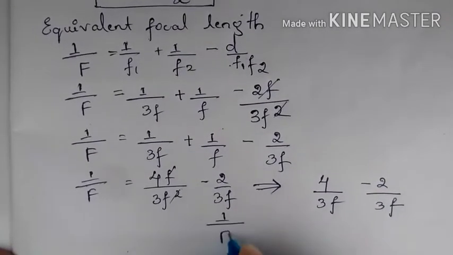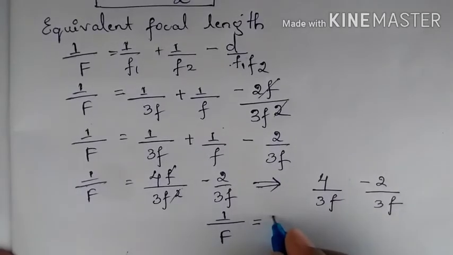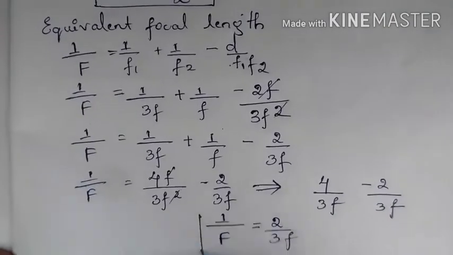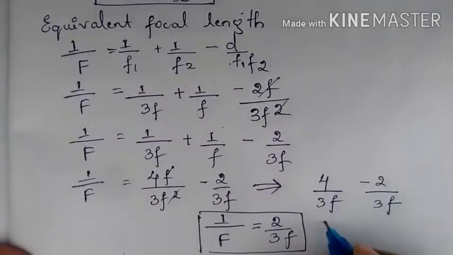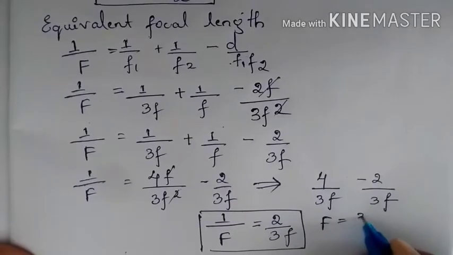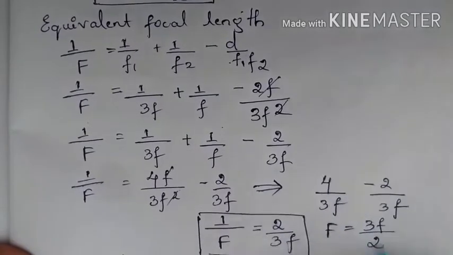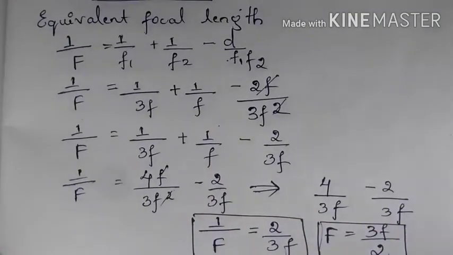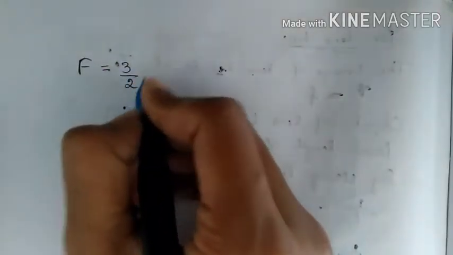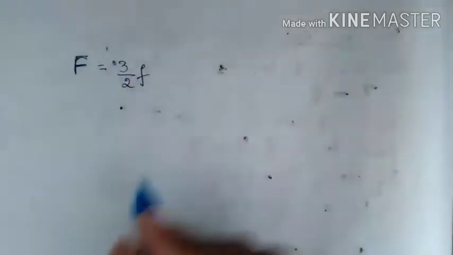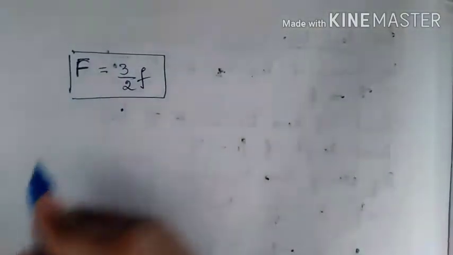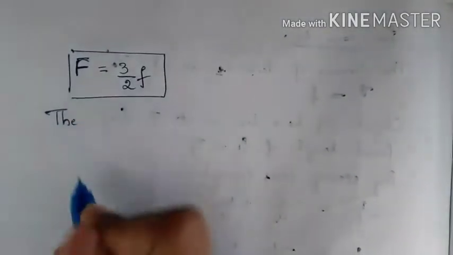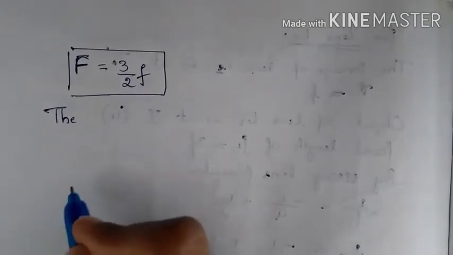So 1 by f is equals to 2 by 3f. But if you want to write f, it will be 3f by 2. The equivalent focal length for the system is 3 by 2f.